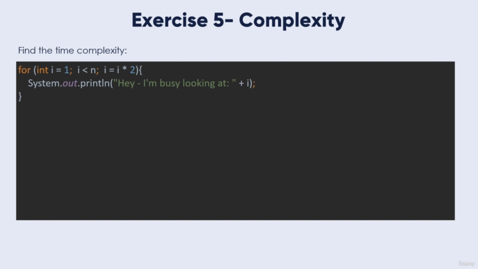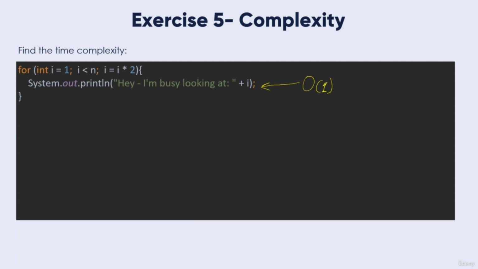The time complexity of this algorithm. We start with the simple one. There is a loop here and a printing message. We said that the printing message is O of 1 and it is constant. It's very simple.